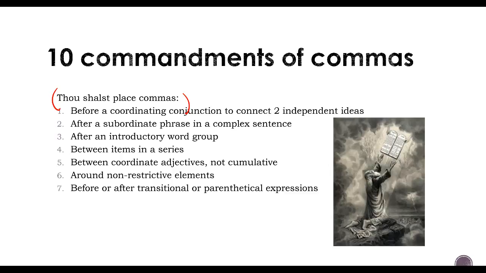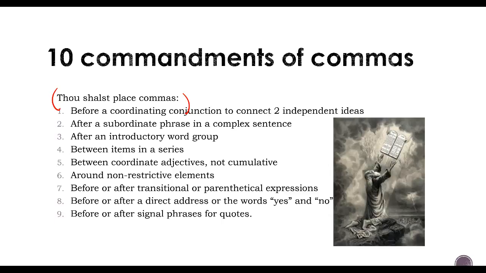Before or after transitional or parenthetical expressions, before or after a direct address of the words yes or no, before or after signal phrases for quotes. You might remember this one from our quoting APA style lesson. In dates, titles, and addresses. So those are the 10 that we're going to review in this lesson, and let's jump into it.